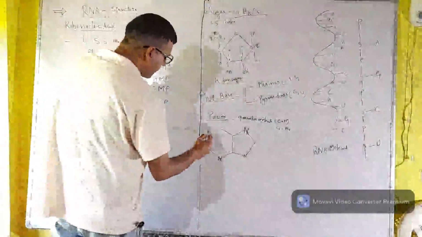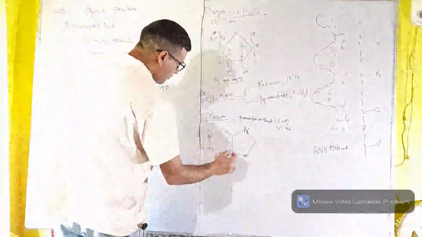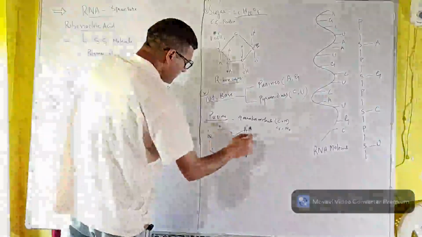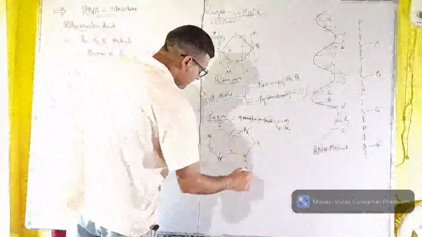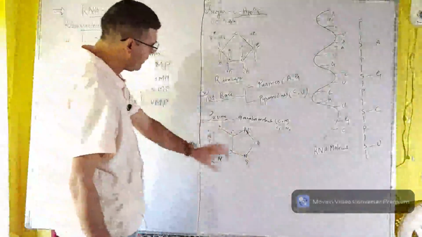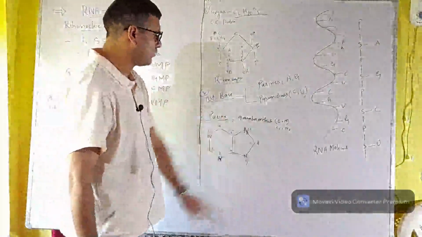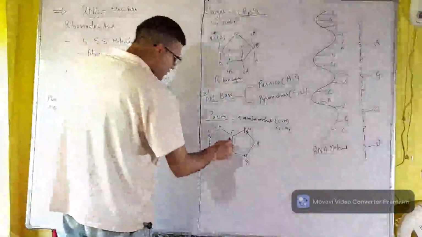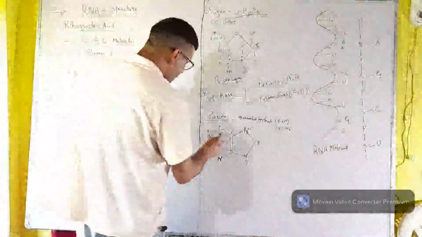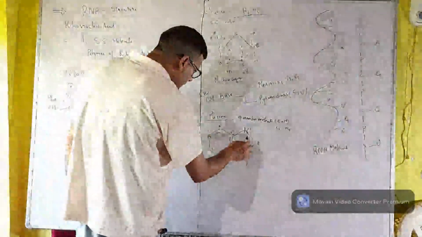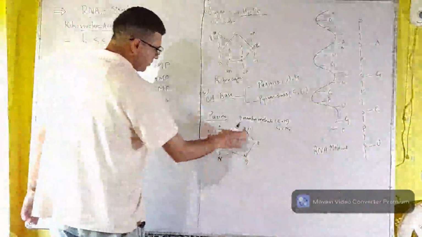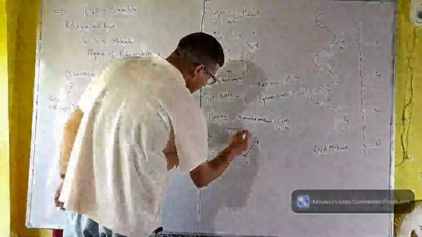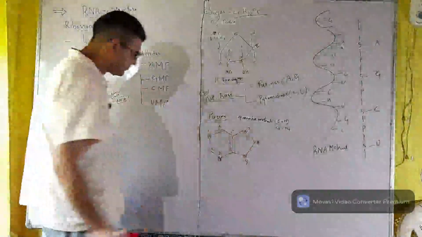So we have 1, 2, 3, 4, 5, 6, 7, 8, 9. So this purine is a 9-member molecule. Now we have to satisfy the valency of carbon. Obviously, carbon is tetravalent in all respects. This is nitrogen at the 7th position.